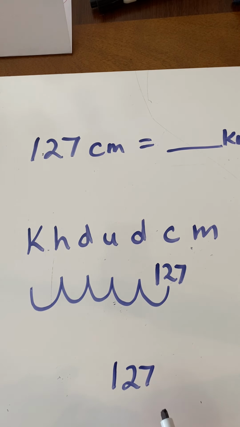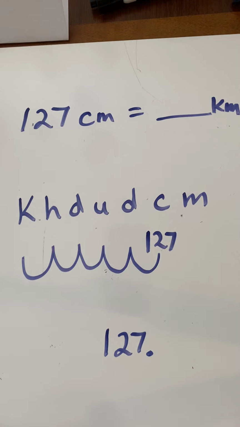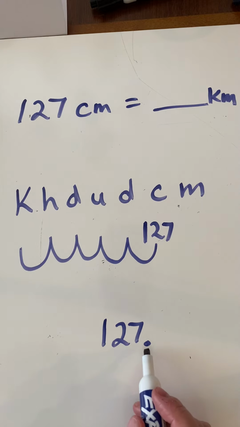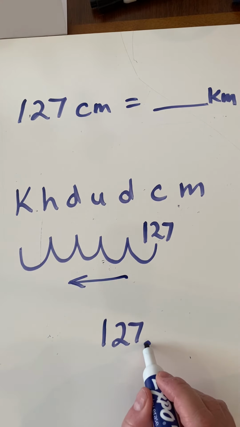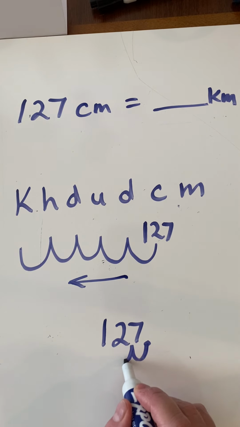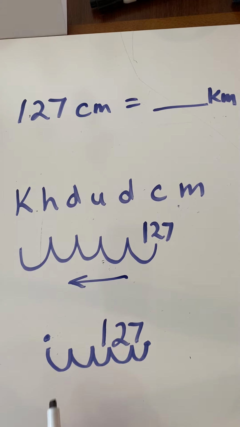So I'm going to put my 127 with my understood decimal point right there. Sometimes they'll give you the decimal point, but if it doesn't, then you know it comes at the end. And I went to the left, so I need to move this 5 times. 1, 2, 3, 4, 5. I put a new decimal point there, and fill in the rest with zeros.